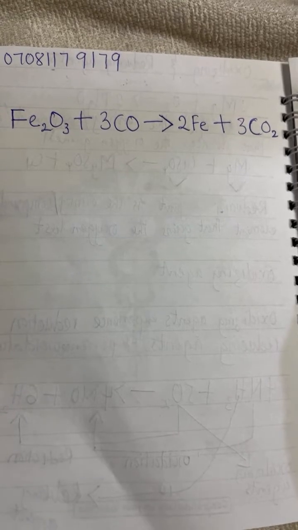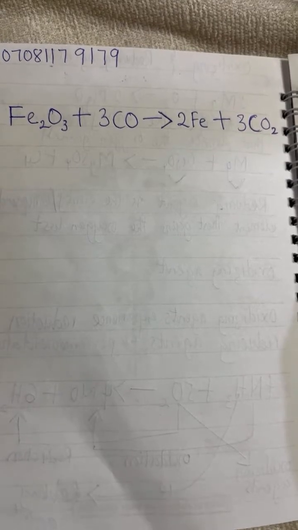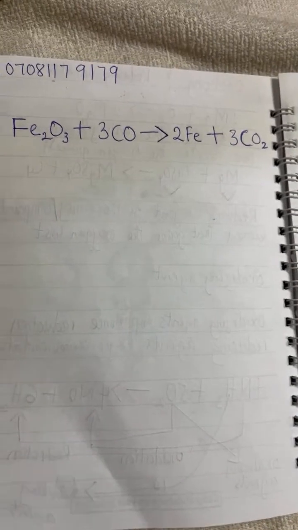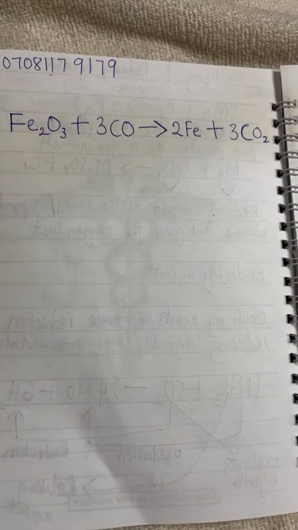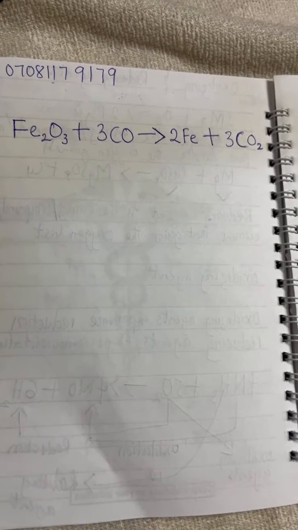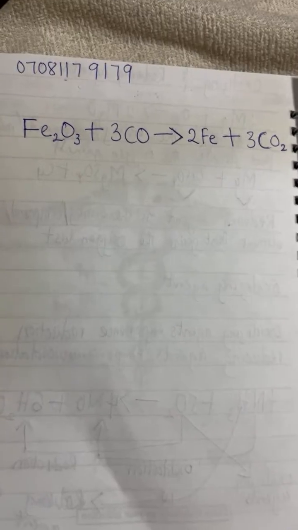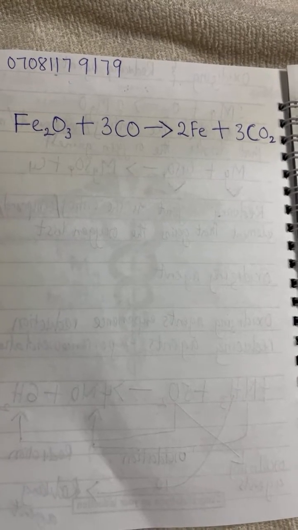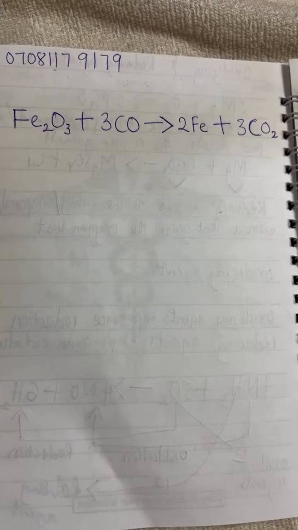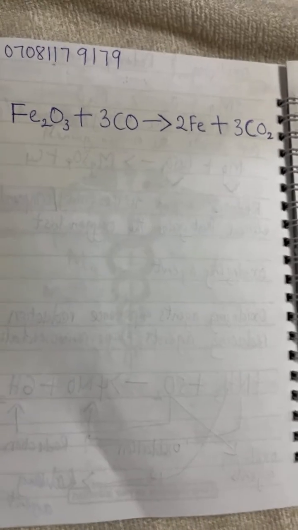I'm asking people a question. In terms of oxygen transfer, let's even use reduction. We all know that reduction is the loss of oxygen. So the one that gains the oxygen that was lost is called the reducing agent.